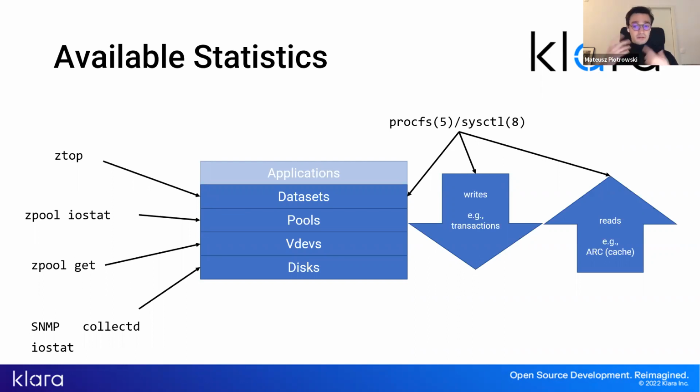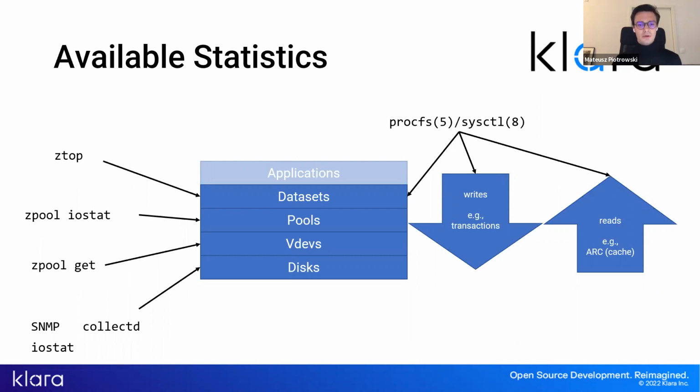And then you have different tools that you can use to observe those different layers, like ztop for datasets, zpool iostat for pools. You have zpool get for VDEVs, and different things for observing disks, which are usually outside of the ZFS, right? Those are mostly observed from the operating system level. And we also have those interfaces like procfs on Linux and sysctl on FreeBSD that you can use to get some further statistics about ZFS.